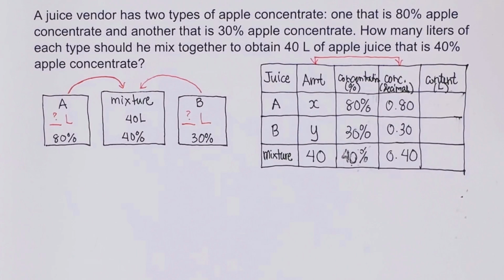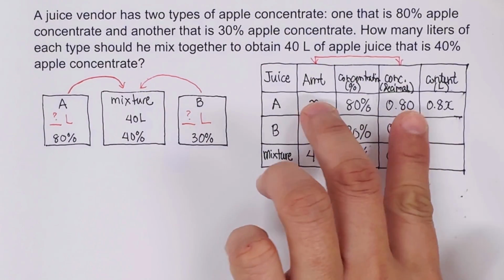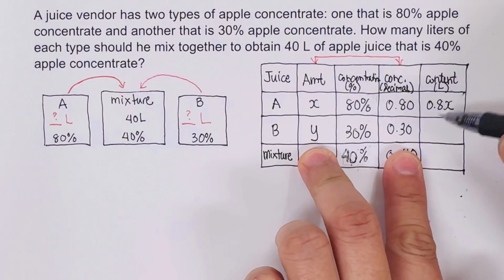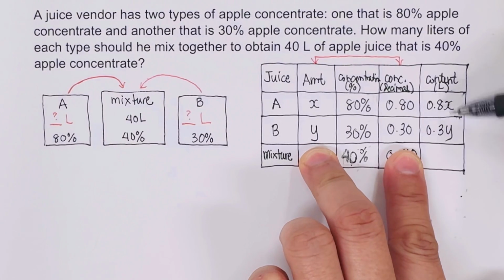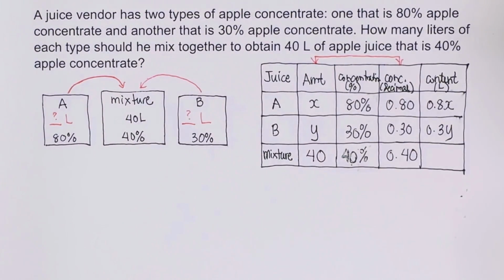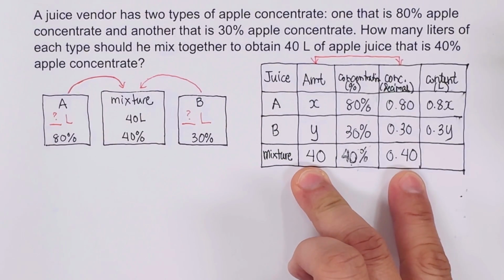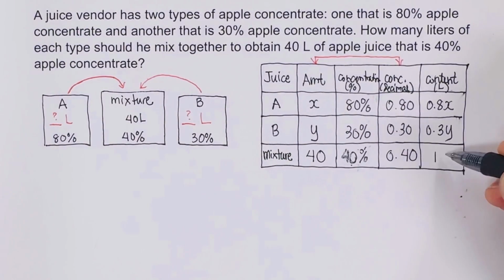In this case, we will have 0.8x, so we're multiplying these two, and this would be 0.3y. Again, you can use 0.80 or 0.30, it doesn't matter. And then for this one here, 40 times 0.4 is 16.